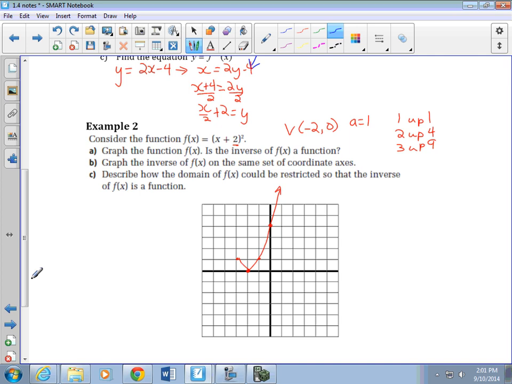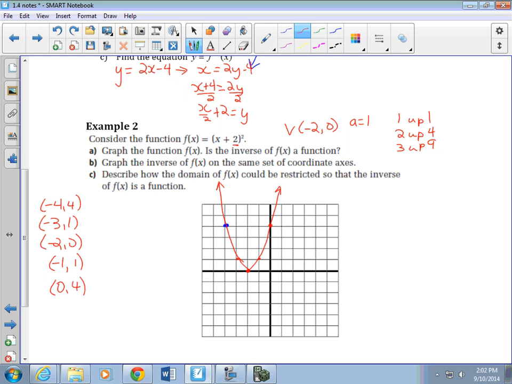This one should have been over 2. Okay. That's better. So my coordinates then, I had at -4, 4, -3 and 1, -2 and 0, and then I was at -1 and 1, and then 0 and 4.